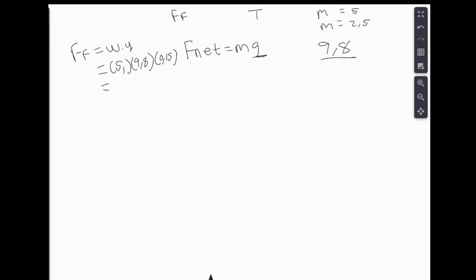We have 7.35 newtons. Okay, we have 7.35 newtons. That's our frictional force. We already have the tension of the 2.5 kg, right? Let me put that in a box. Okay, let me also get rid of this.